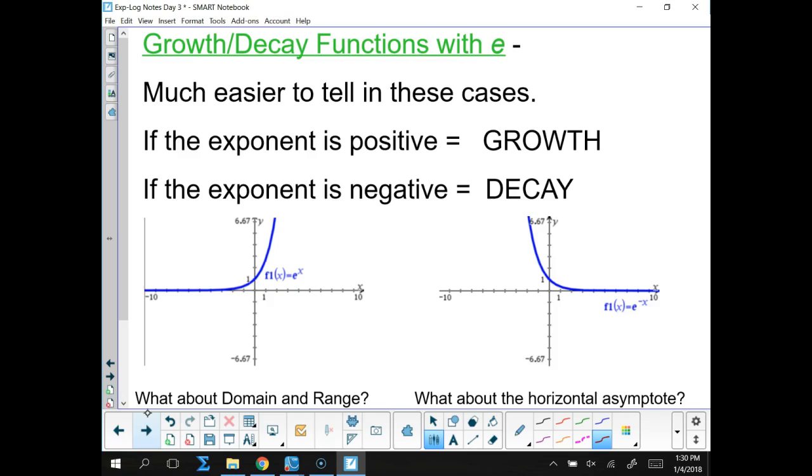Now, don't worry, fear not, there's no graphing tonight. Okay? So I just wanted to show you the picture of an exponential growth and an exponential decay involving e. Okay? E is nice because it's logical.